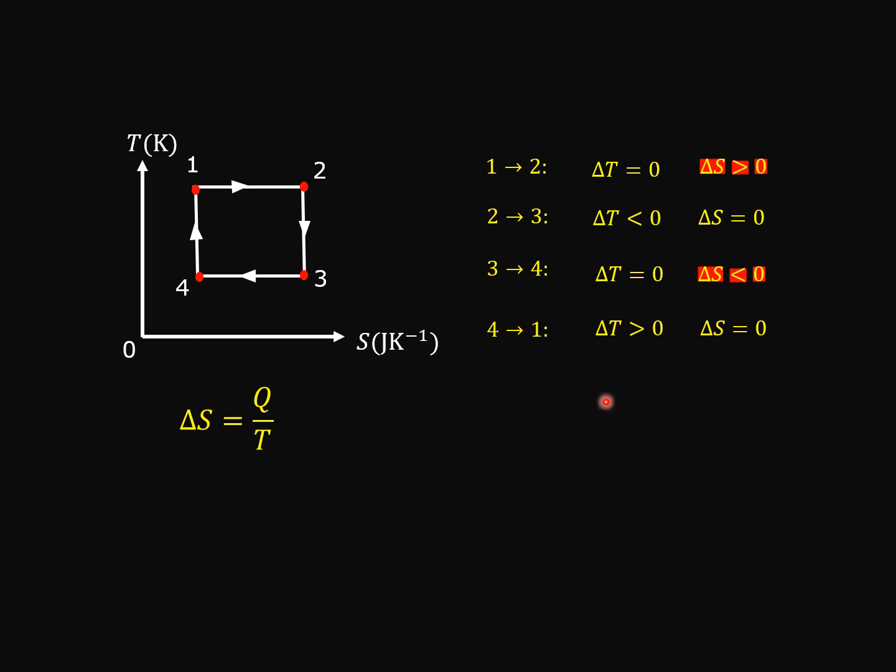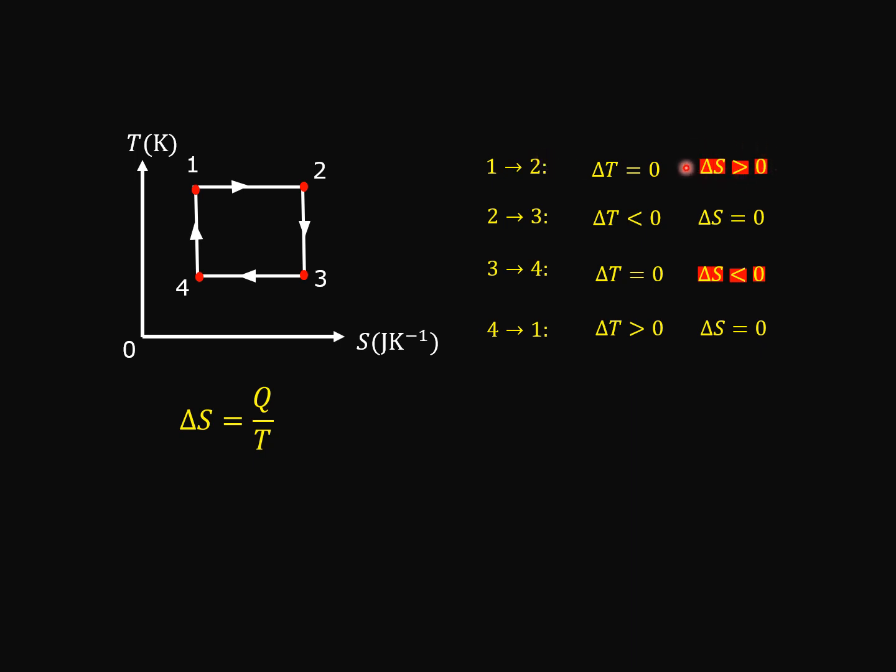In solving these questions, we should take note that out of the 4 processes in the Carnot cycle, only these 2 processes have an entropy change not equal to 0. For the process of state 1 changing to state 2, this is isothermal expansion. The heat flows into the gas.